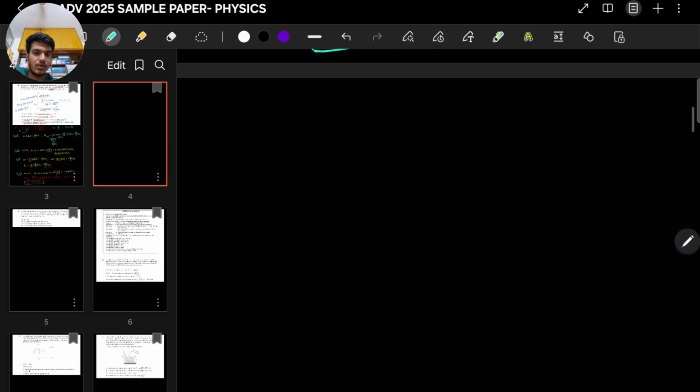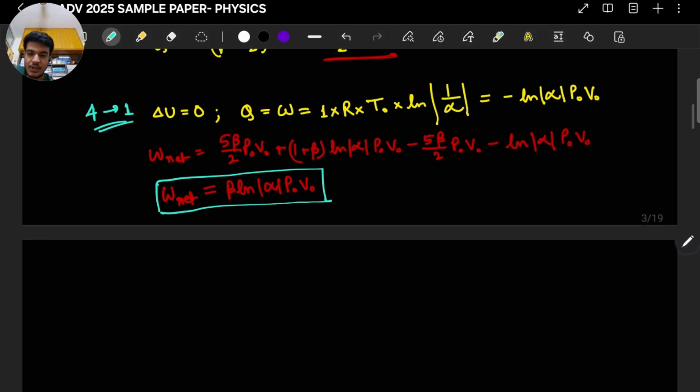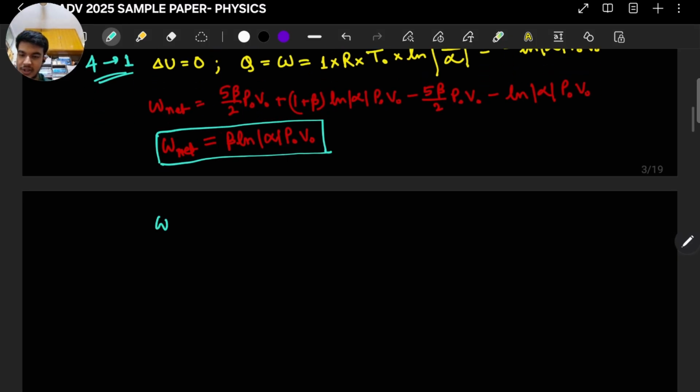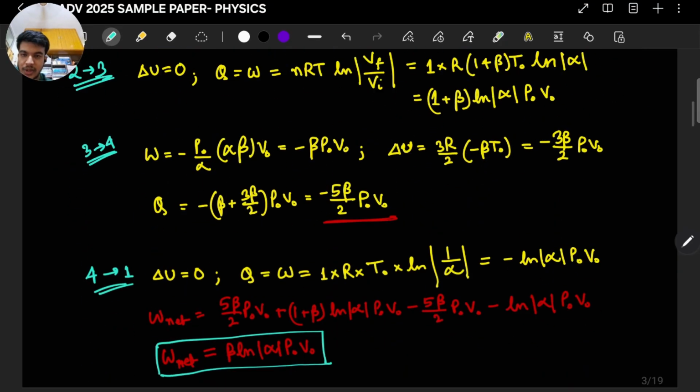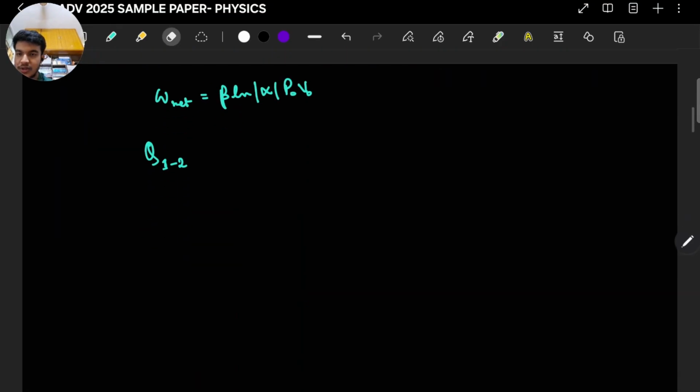So what we have is W net as beta ln alpha P0 V0. Let me write it here as well because it is needed. Now let us write Q. We need Q2 to 3 by Q1 to 2, and let us see what both of them are.